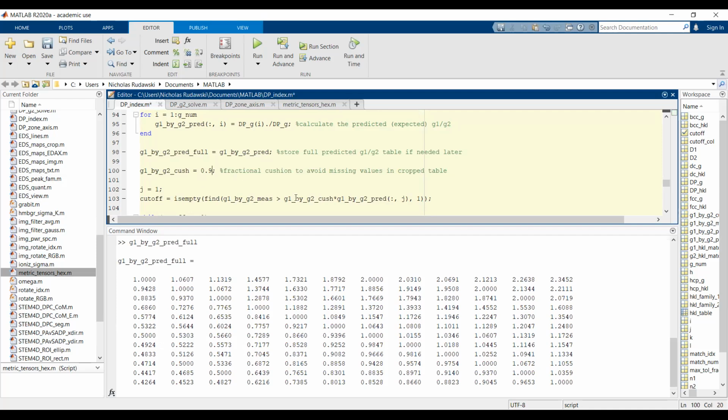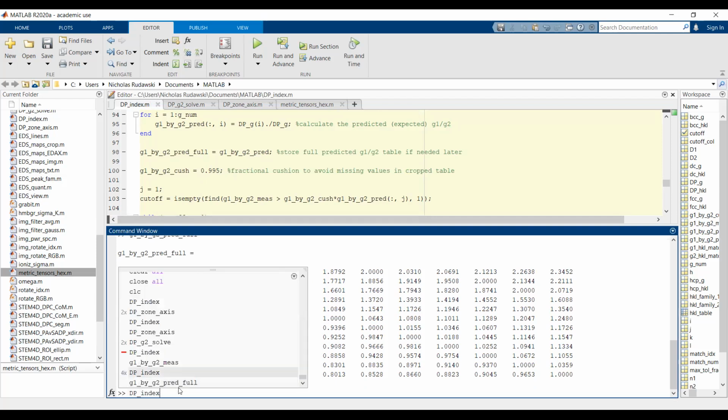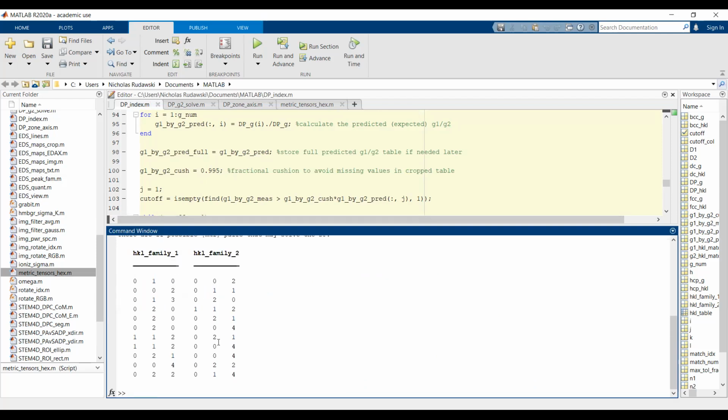Let me try if I just make this tighter here. No, it's still doing the same thing. Okay, no big deal. Let's take a look at some of these here.